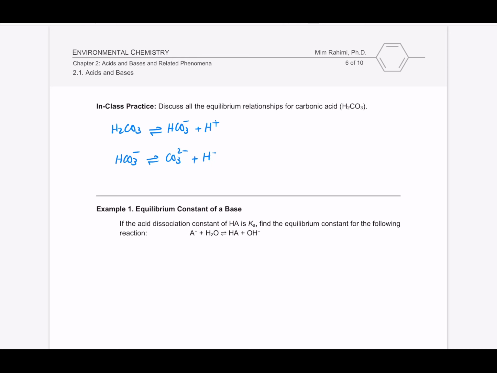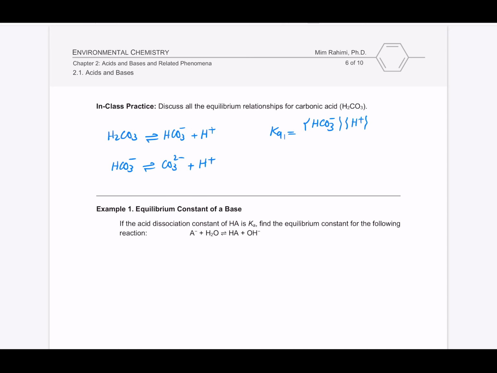So this is a very important acid. We're going to cover it more and more in lecture 9, the gas-liquid equilibrium, and later in chapter 3 also. Obviously Ka1 would be the activity of the products, HCO3 minus and H plus, over the reactant.